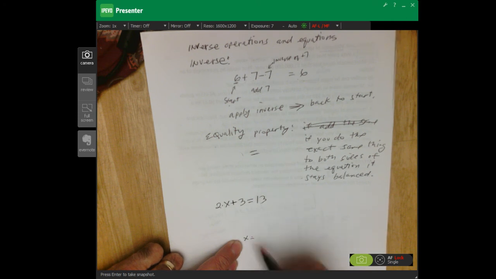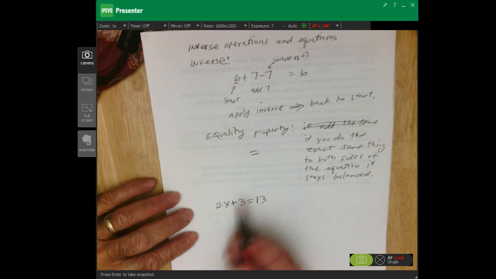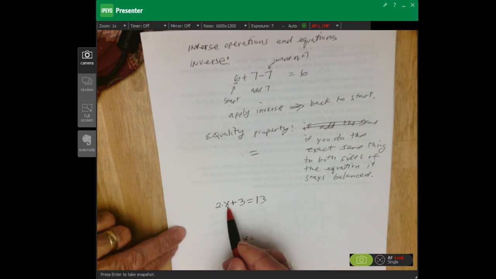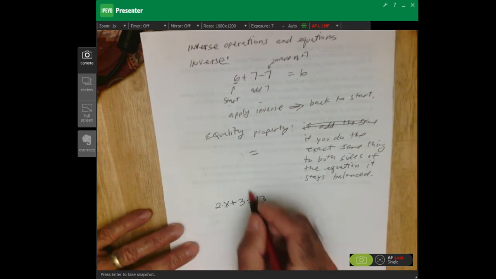Whatever x is equal to, if we plug it back in here, it will make the equation balanced. That's what being a solution is: when you replace x with the solution, it makes the equation true.